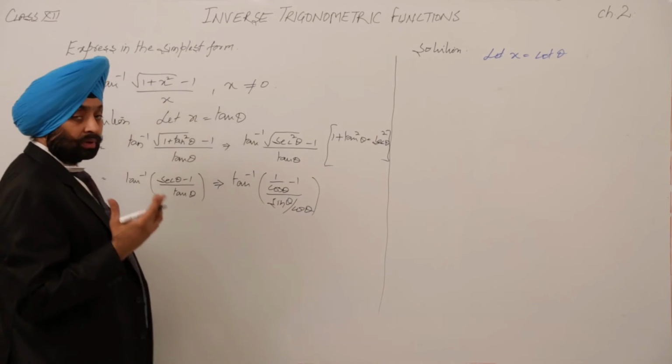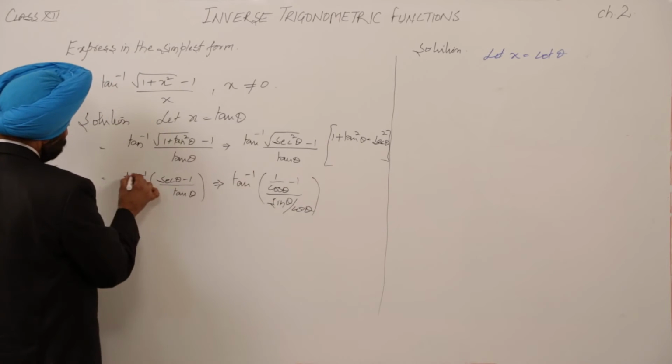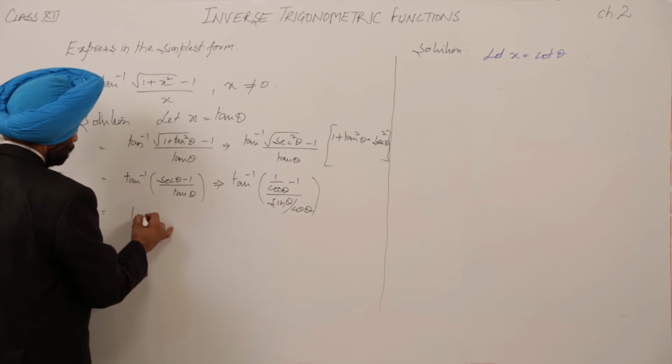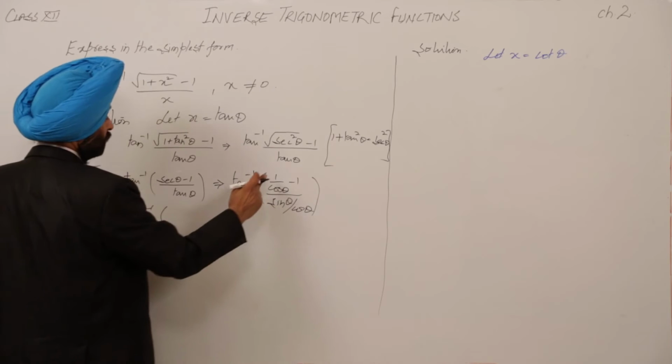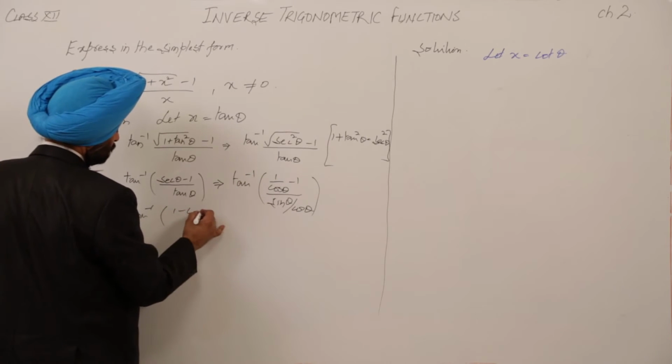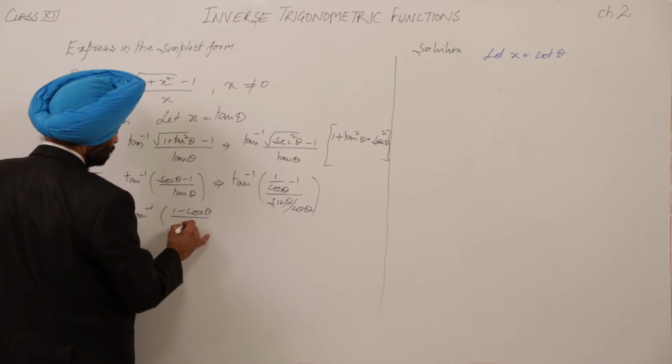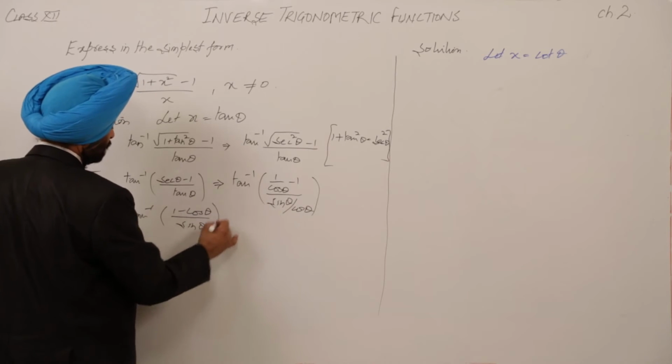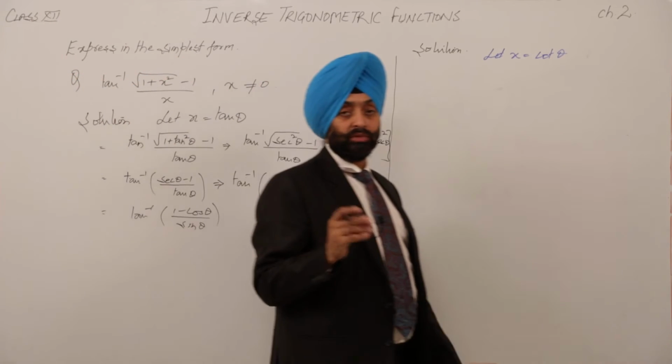Now after simplification, what is left? Tan inverse 1 minus cos theta upon sin theta. After taking the LCM, we are left with this thing.